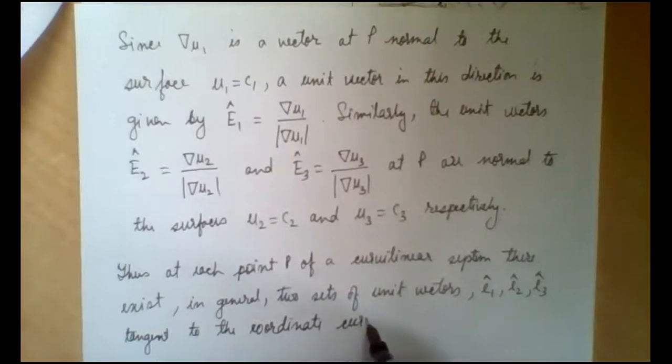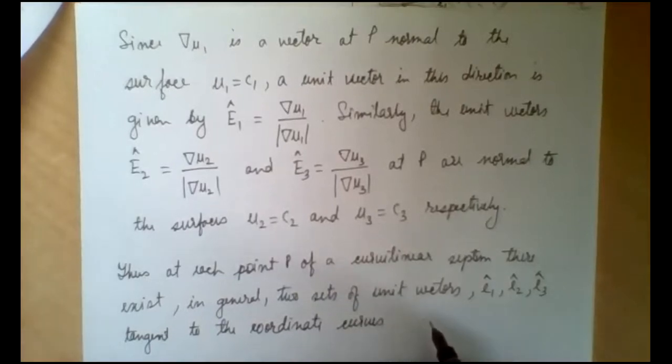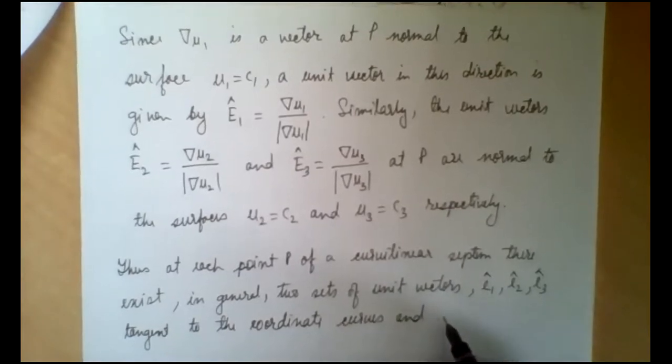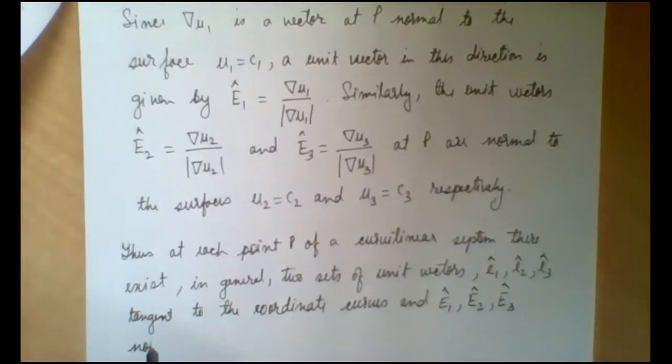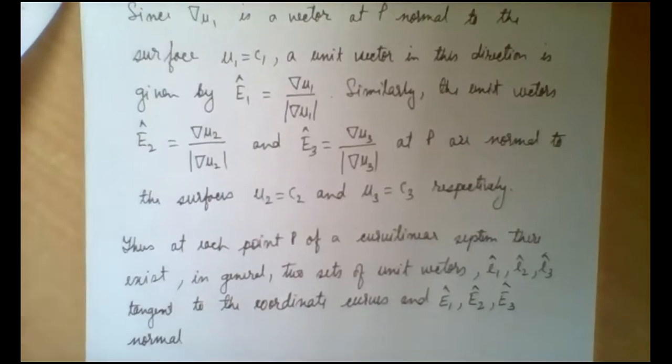The second set is capital E1 hat, capital E2 hat, capital E3 hat, and they are normal, perpendicular, to the coordinate surfaces.